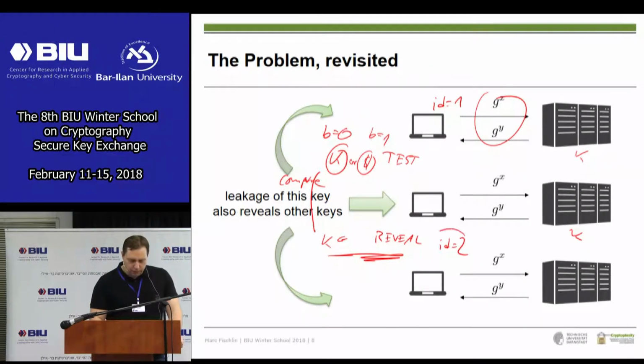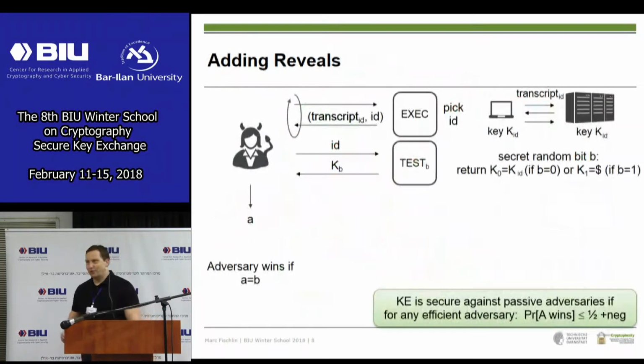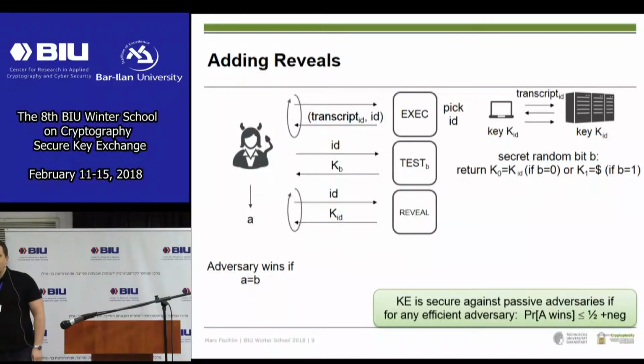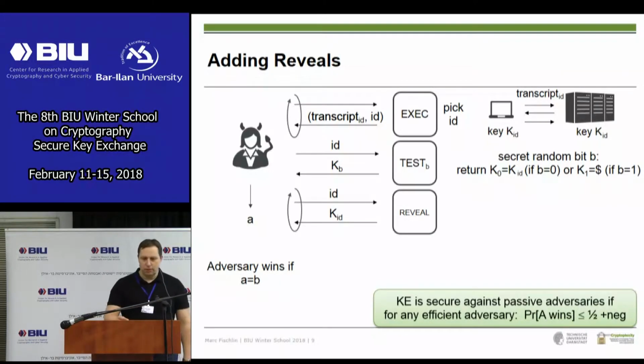And then I'm going to reveal the same session. Sorry, should say execution. Not sessions yet. And the reveal gives me the key. And then we have the same problem we just had before, right? It's easy for me to say, oh, this key, this one is random or not.